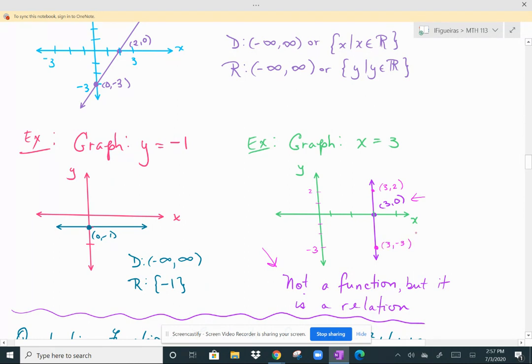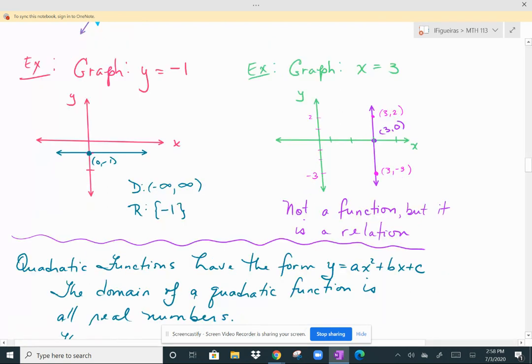So x is always 3, but your y is any number on this graph. And remember, when we first started this lesson, a function exists if for every x there is one value. Here I have one x that maps to infinitely many y values, so it's not a function.